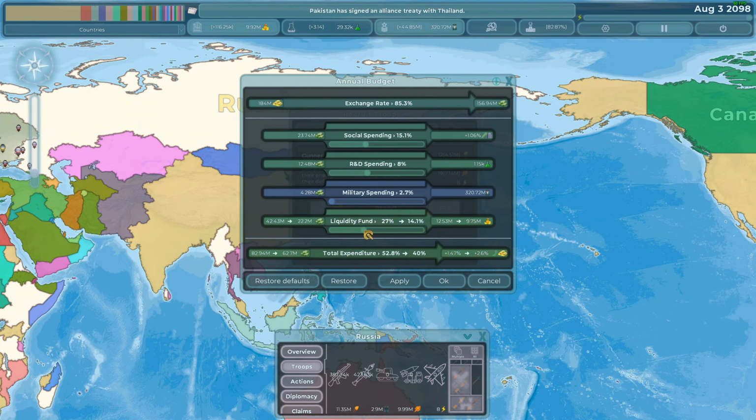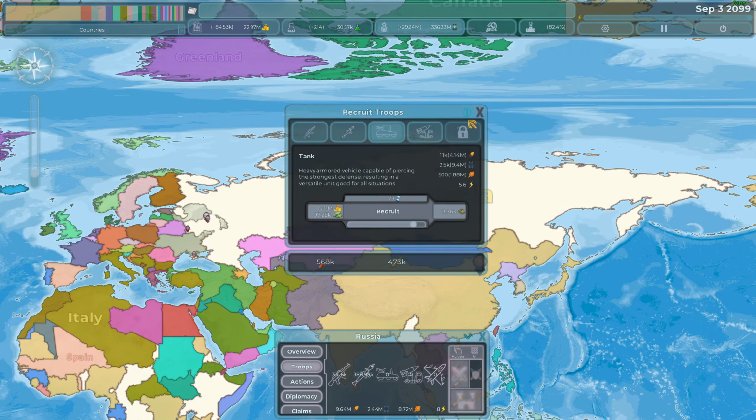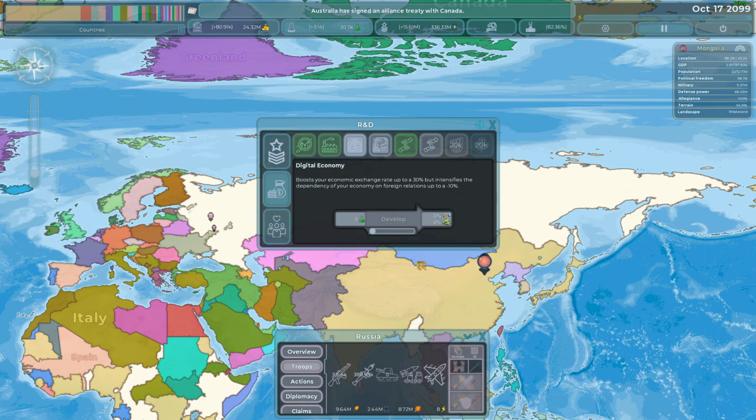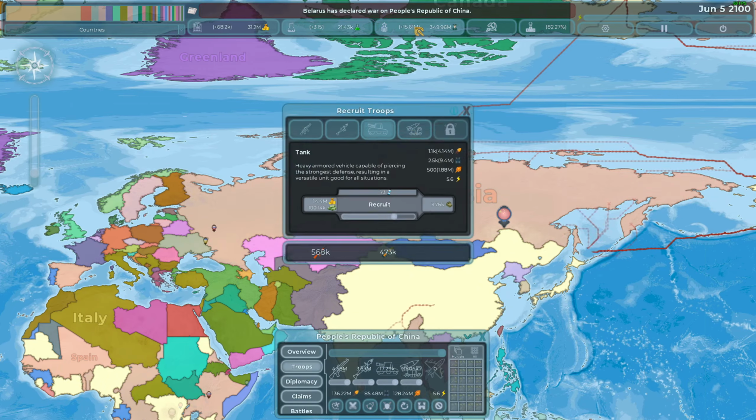At this point, I'm going to lower our liquidity to 15. We're at a dominant liquidity number that shouldn't need much more. Let's finish off Russia.